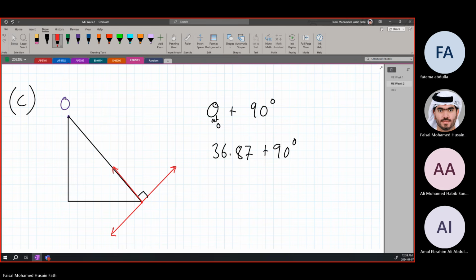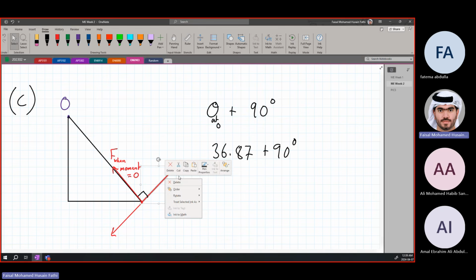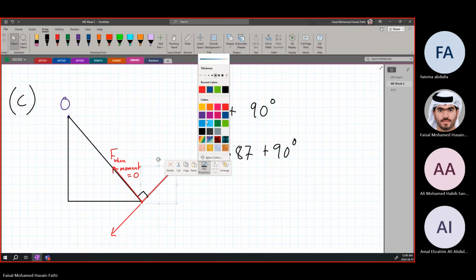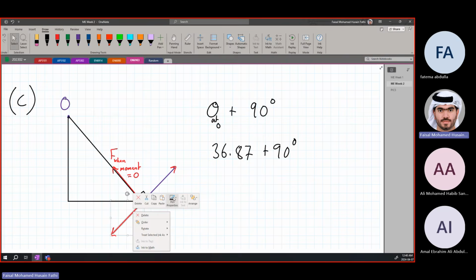The moment 0 here. Alright? So this force here, this is F when the moment is 0. I'll change the color of it so there's no confusion. Let's do it in purple.